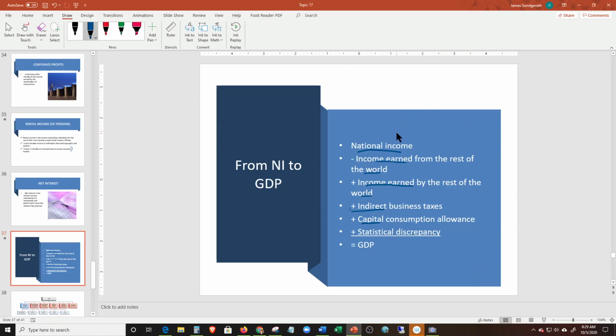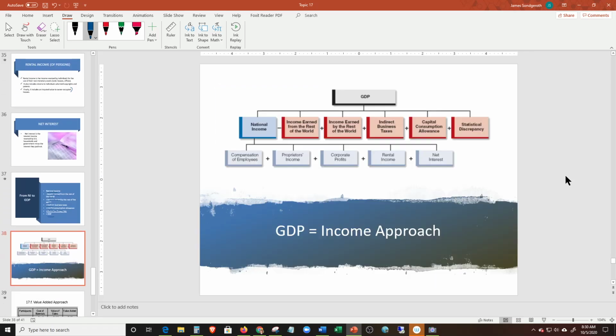So we add up all sources of national income, we subtract income earned from outside of the country, we add income earned by foreigners inside our country, we add indirect business taxes and capital consumption allowance, and let's just forget the statistical discrepancy right now to get GDP. So that's how the income approach is equal to the expenditure approach, okay?